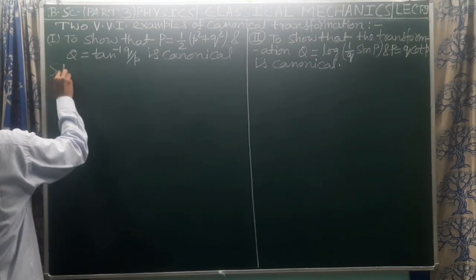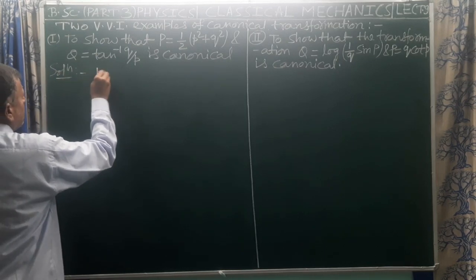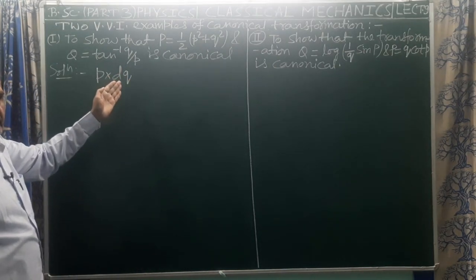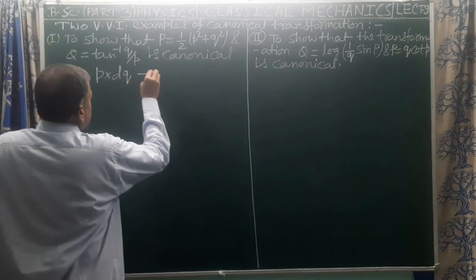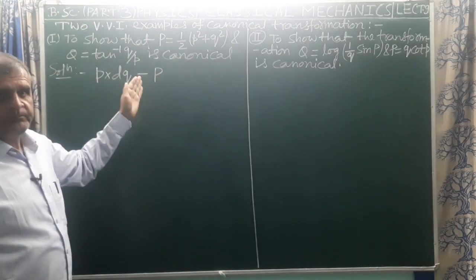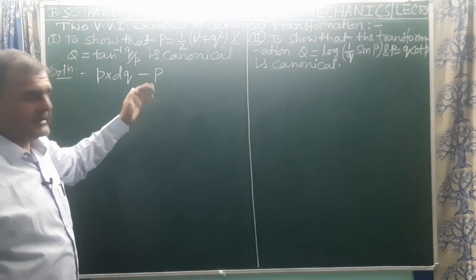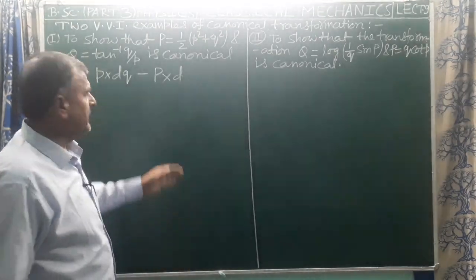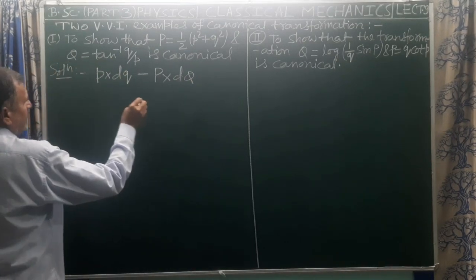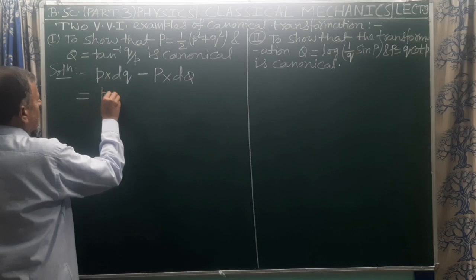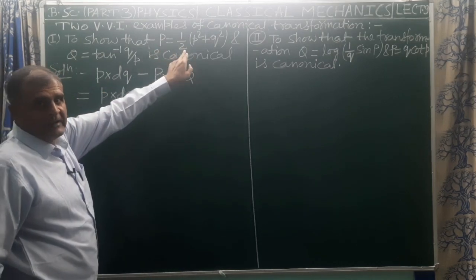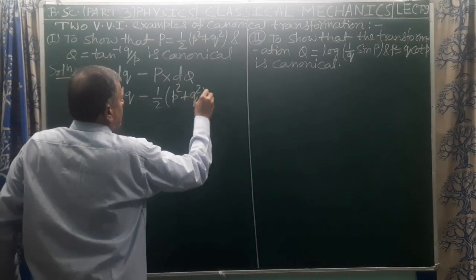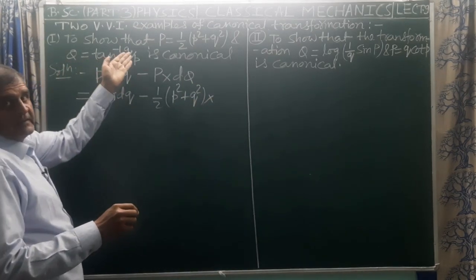So write down the product of small p multiplied by dq, the differential of position coordinate q in the old coordinate system, minus the product of capital P, that is momentum in the new coordinate system, multiplied by the differential of position coordinate in the new coordinate system, d capital Q. It equals p dq minus capital P, which is given as 1 by 2 (p square plus q square), multiplied by d of tan inverse q upon p.